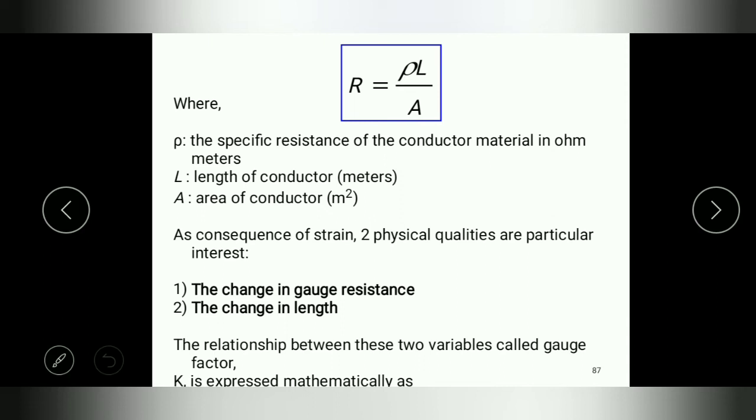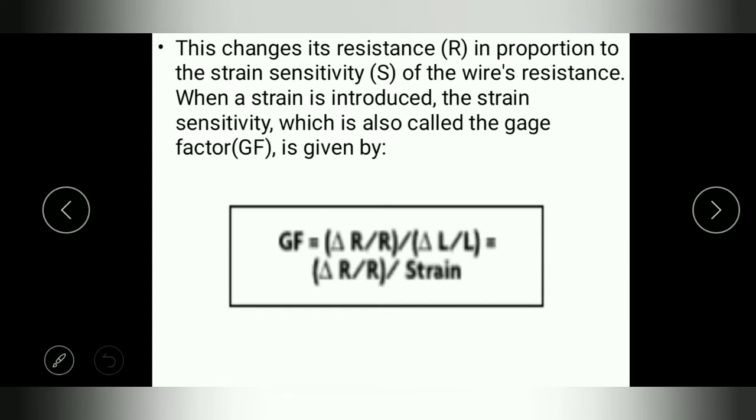As a consequence of strain, two physical quantities are of particular interest: the change in gauge resistance and the change in length. So the important parameters are the change in gauge resistance R and the change in length L. The relationship between these two variables is called the gauge factor, K, and it is expressed mathematically as follows. This change in resistance R is proportional to the strain sensitivity of the wire resistance.